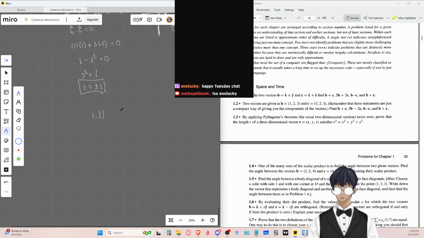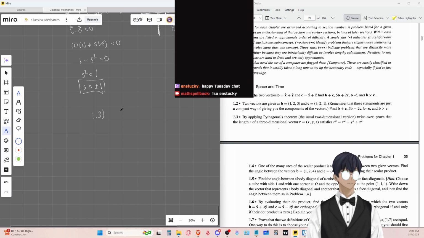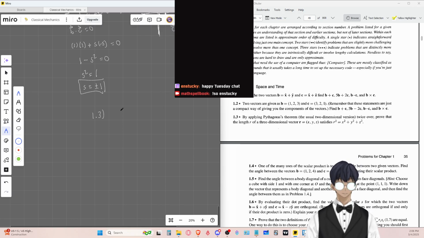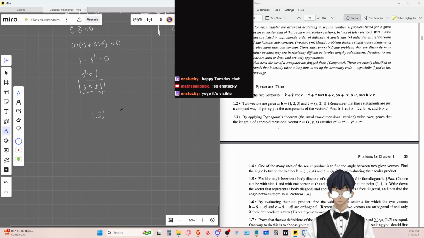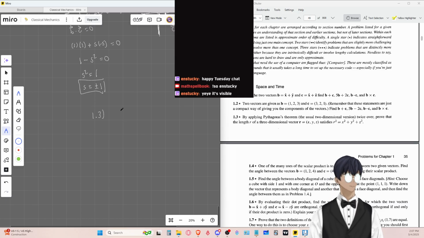So the question in 1.3, I don't know if you guys can see it. Let me know if you can't see what's on the pages. It basically says, by applying Pythagoras' theorem, the usual two-dimensional version twice over, prove that the length r of a three-dimensional vector r satisfies r squared equals x squared plus y squared plus z squared.